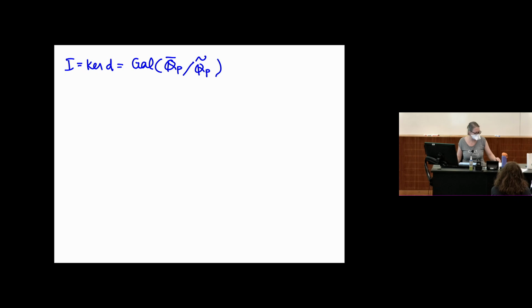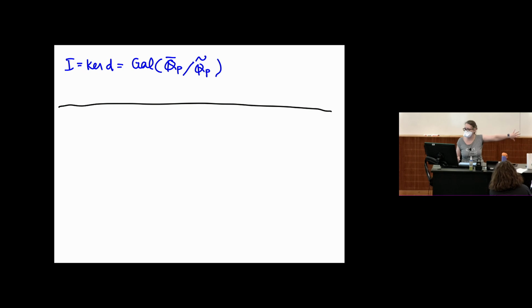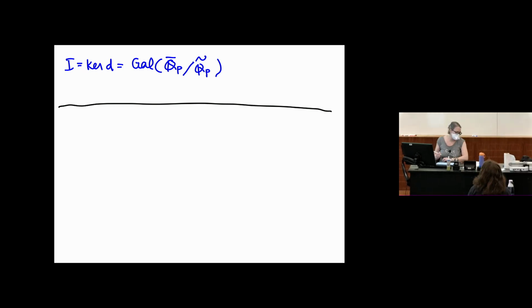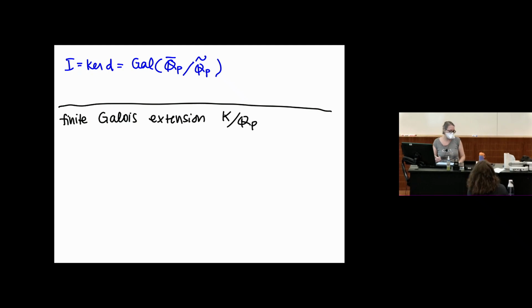All right. So now we're going to stop talking about that for a little bit. I want to talk about a finite Galois extension, right? So now we're firmly in the Galois world of K over Q_p.